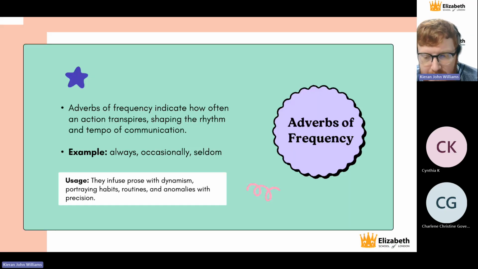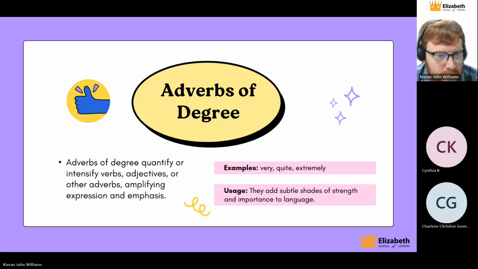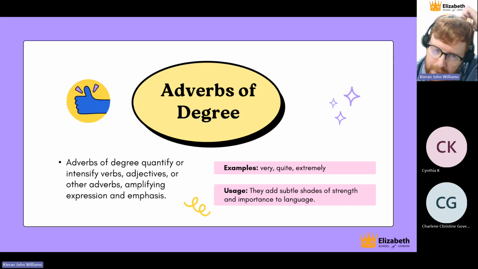It can also tell us how frequently something is done, whether it is always, occasionally, sometimes done. They can also describe the degree of something, whether something is done very well, or quite well, or extremely well.